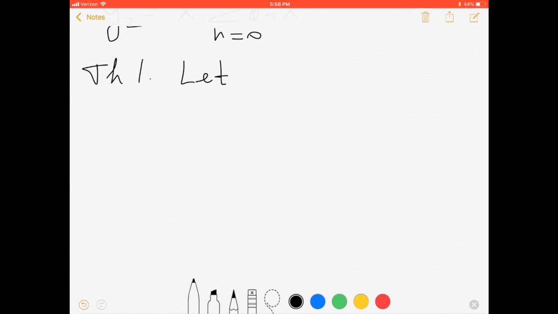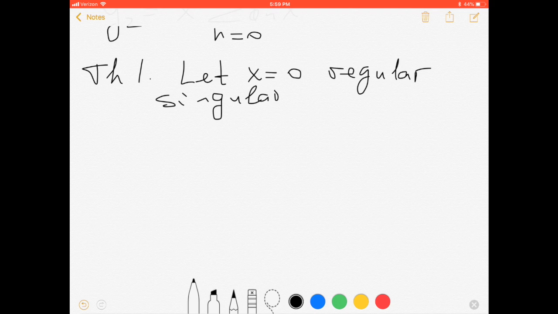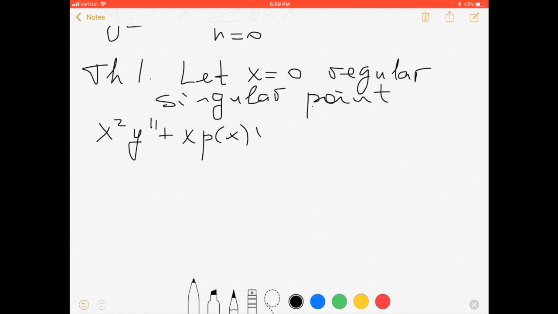Let x equals 0 be a regular singular point of the equation, for example, x squared y'' plus x p(x) y' plus q(x) y equals 0. This is our equation 1.